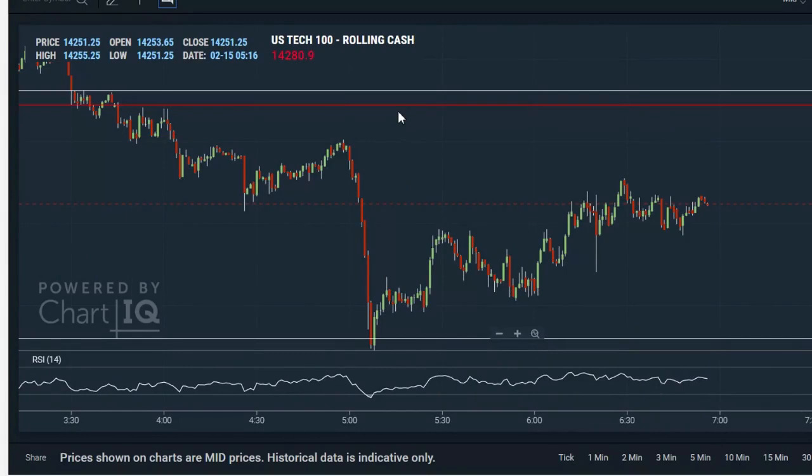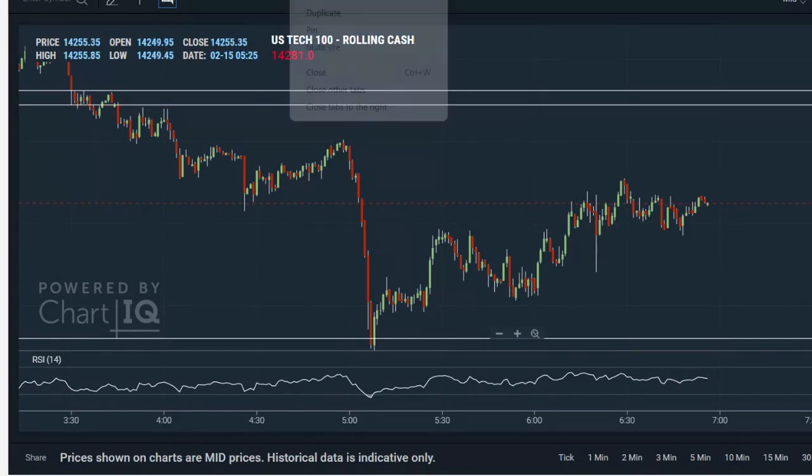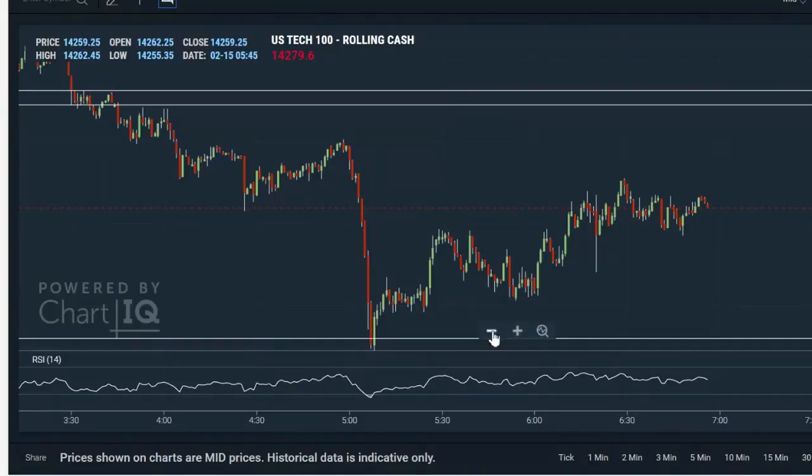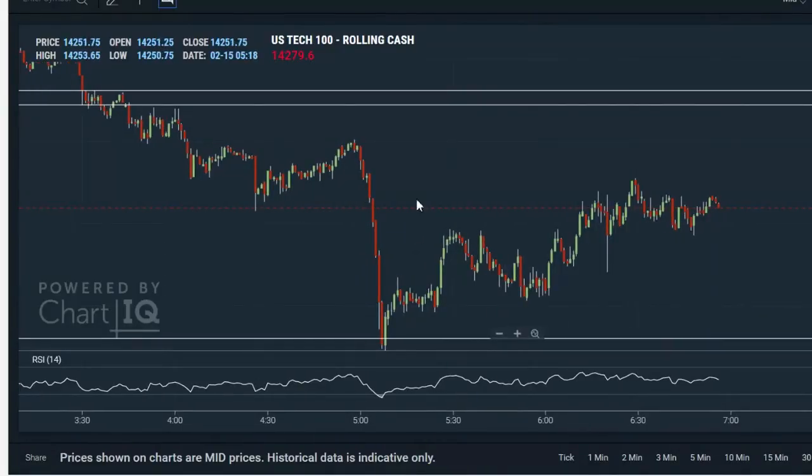A V-shape pattern shows up with most asset classes. V-shape with consolidation: there's a drop, spike, consolidation, minor support, major support. That's the major support that you just saw, guys. This here, major support.